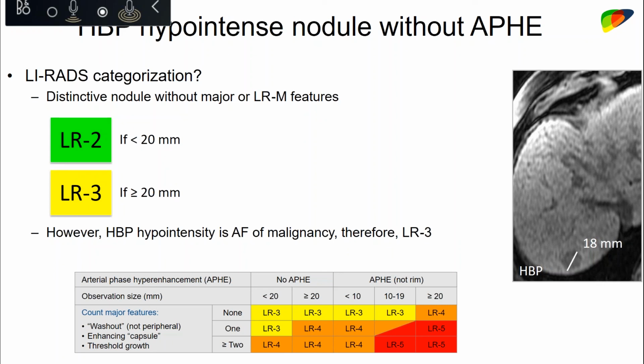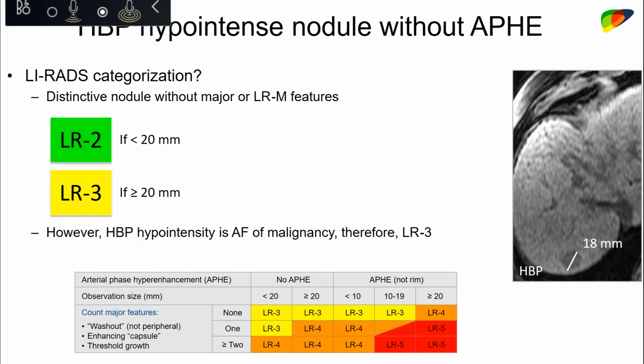Correct. Maybe what I said did not come across as clear, but this would be LR3. Because we have a distinctive nodule without major features, and we have an ancillary feature of malignancy, which is hepatobiliary phase hypointensity.